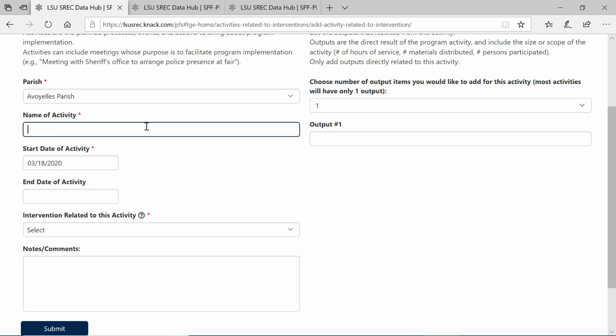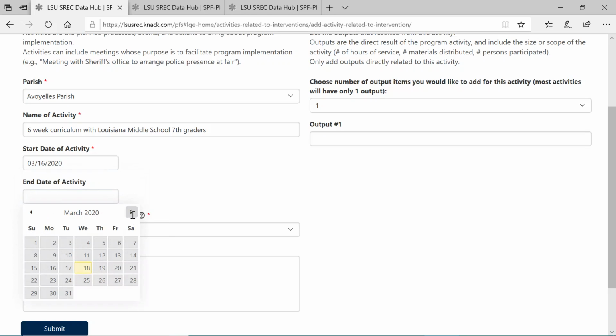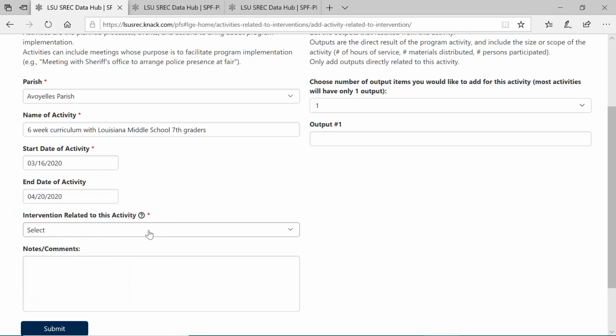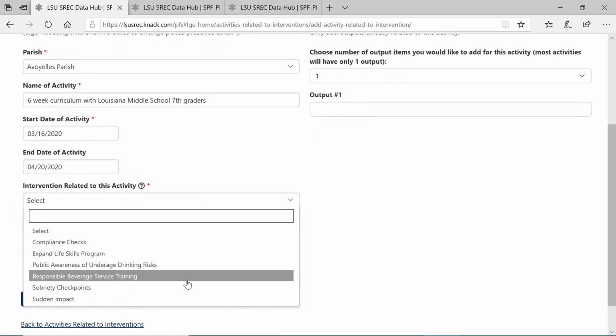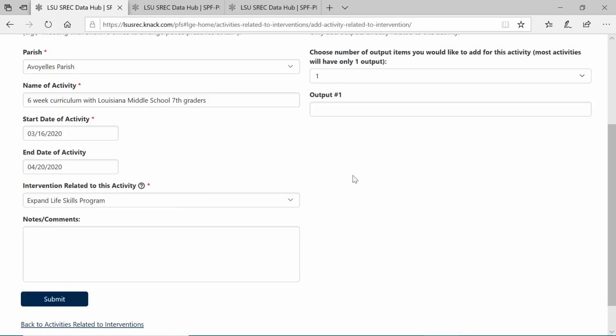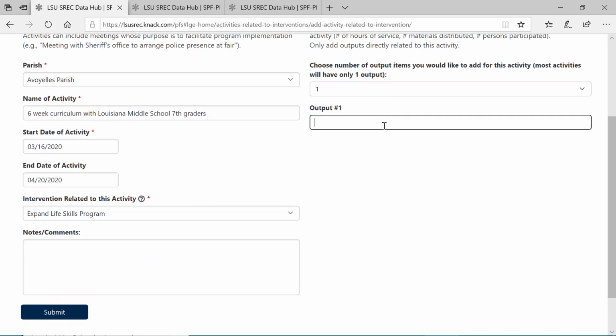So if it's a 6-week curriculum, I believe, we'll say the 6-week curriculum with Louisiana middle school 7th graders, and we did it in a 6-week period from March 16th through April 20th. We're going to choose our intervention. My only output is I'm going to say that there were 35 6th graders that participated.